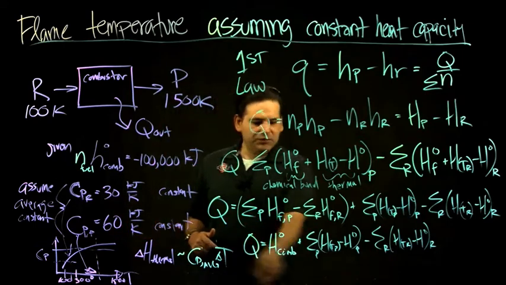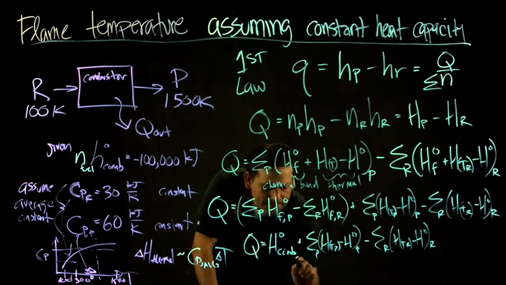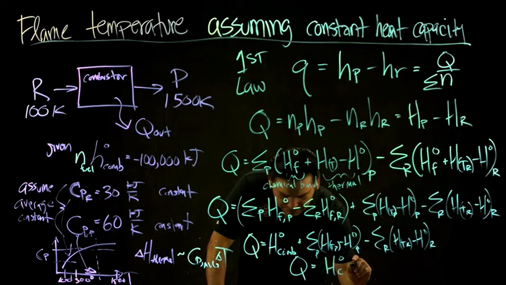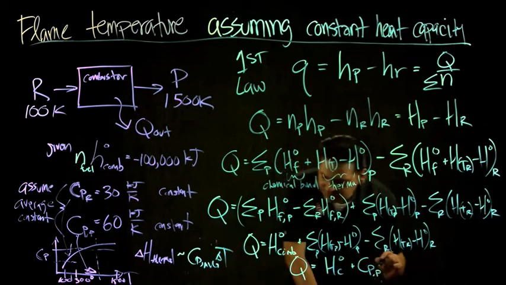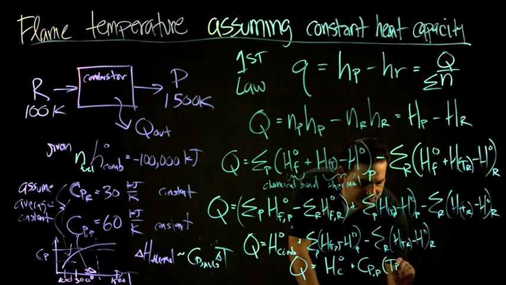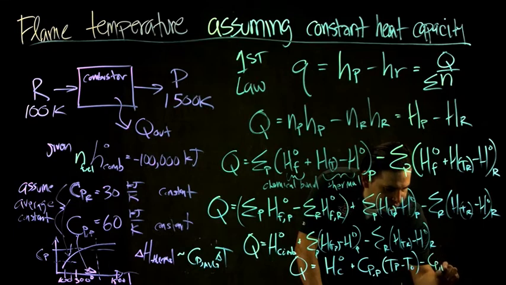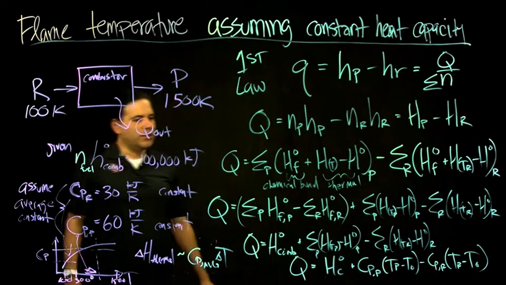Okay. So then we can apply this assumption in here. That will give us, applying this assumption, the heat capacity of the products times the temperature change of the products, the difference from the standard state to the product final temperature. So we have everything there.